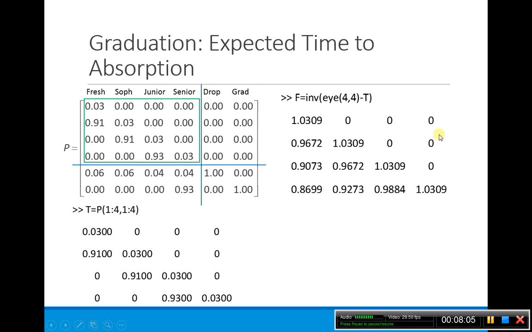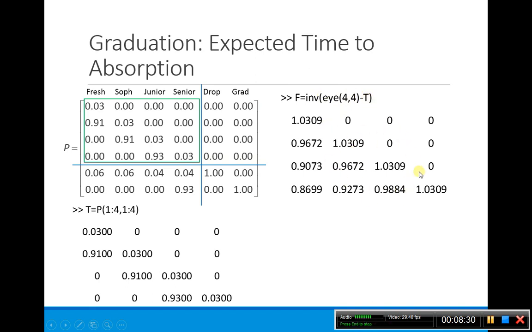Once I have that, I can find my fundamental matrix. Remember, that was the inverse of I minus T. Here this eye forms the identity matrix, and the 4 comma 4 gives the size of it. Since our T is 4 by 4, we want our identity matrix to be 4 by 4, so we have I minus T and take the inverse of that.